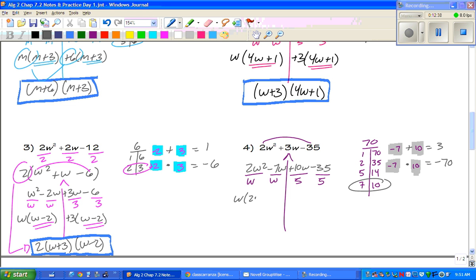So we get w, and we're left with 2w minus 7. And in the back, we get a positive 5, and we're left with 2w minus 7. There's the check. W plus 5, 2w minus 7.